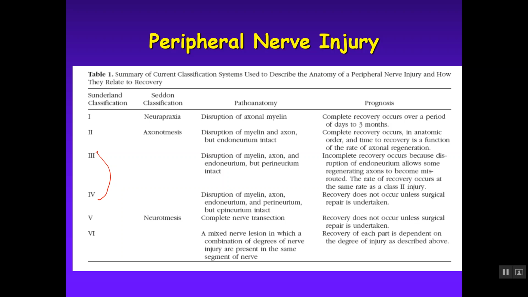If the person damaged their common peroneal nerve and they have foot drop, you can measure the distance from where they damaged it down to the motor point where it goes into the anterior tib, and estimate a millimeter a day. That's close to an inch a month or so, so you can look at how many inches and how many months.